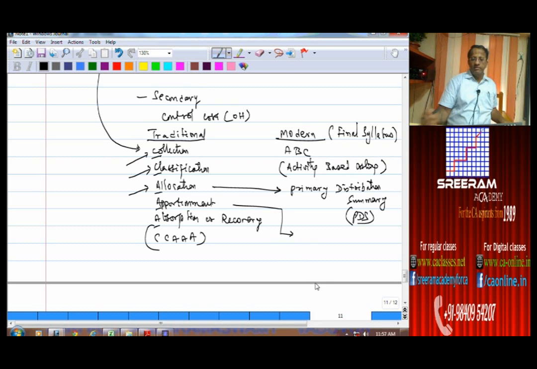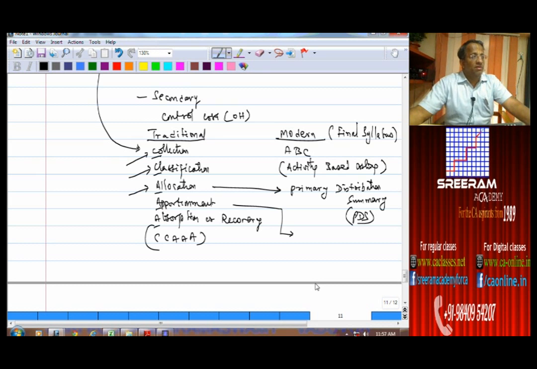Then you will have apportionment coming up. What is this apportionment? We understand that service departments also would be in receipt of these overheads, which we would have distributed through this primary distribution summary. Factory rent, we have distributed to all departments, including a department which has not produced any finished goods, because we value the presence of the service department greatly.